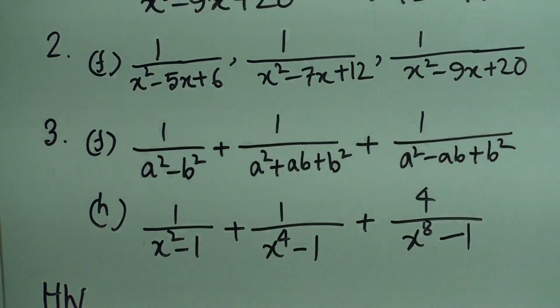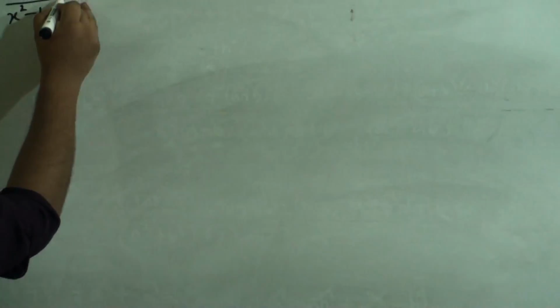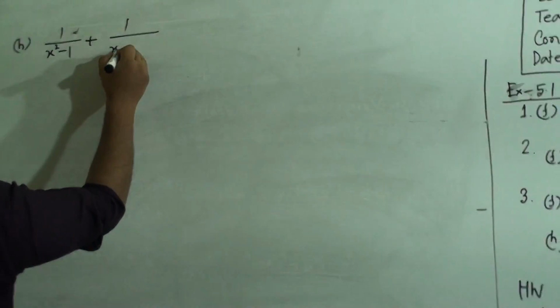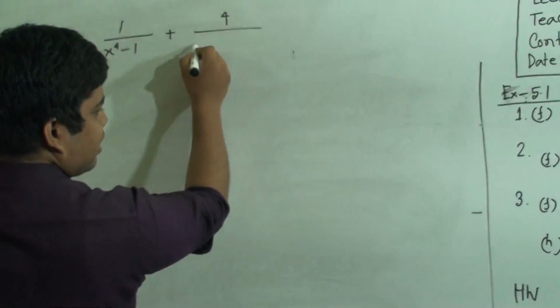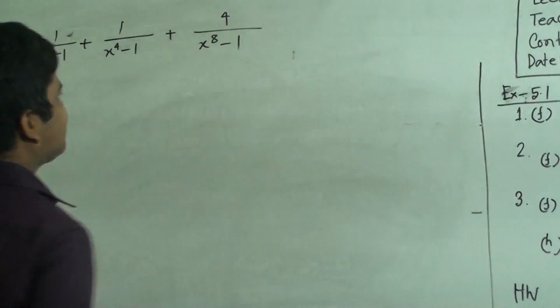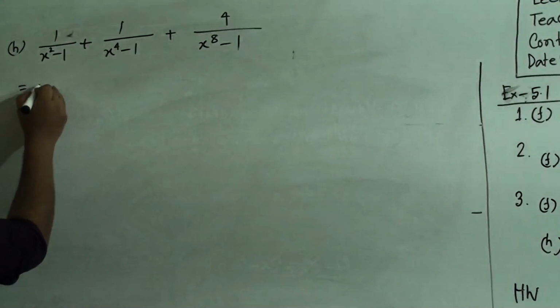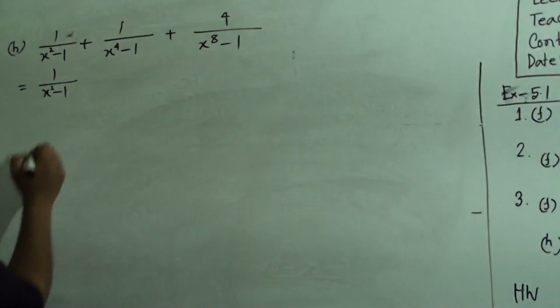Here the question is 1 by x square minus 1 plus 1 by x to the power 4 minus 1 plus 4 by x to the power 8 minus 1. So my dear student, 1 by x square minus 1 is written.